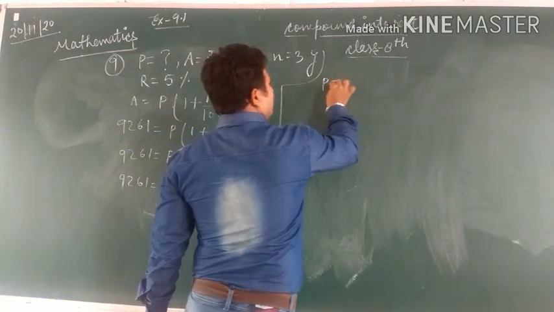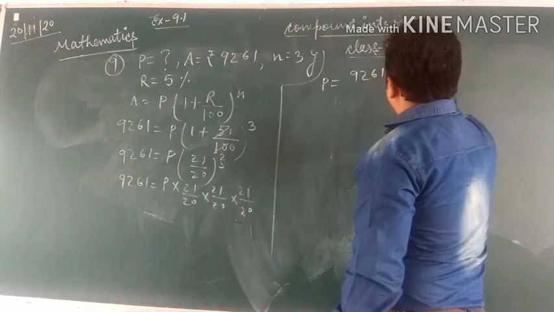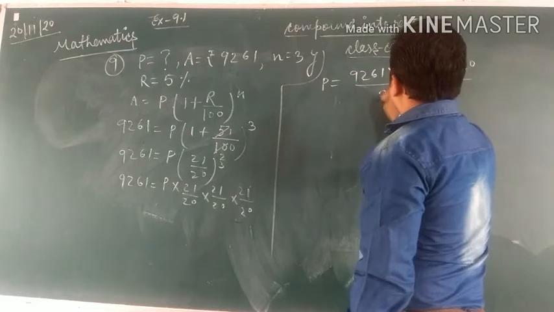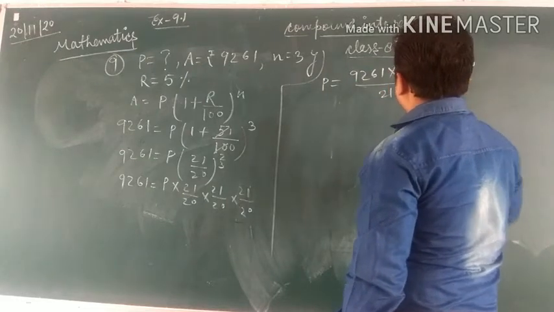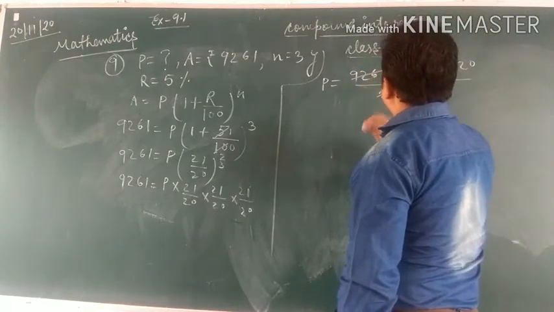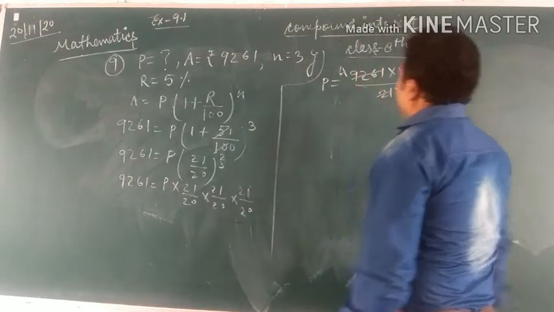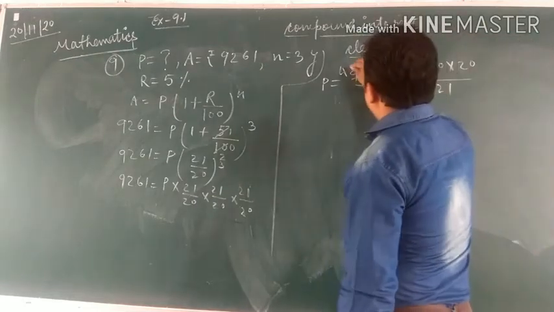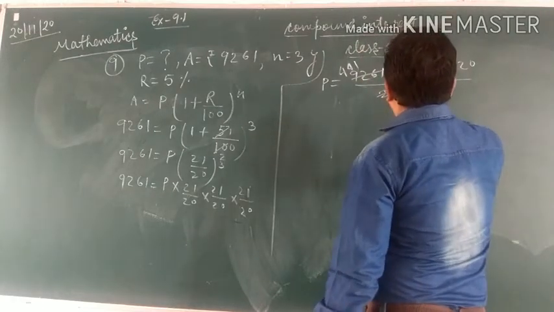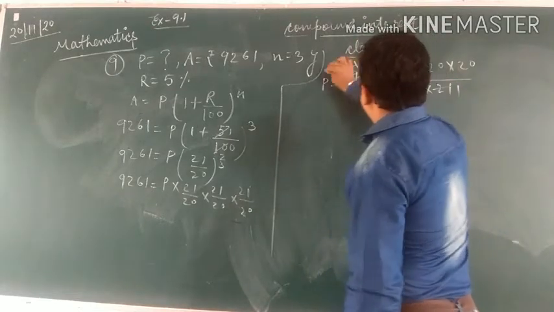So the structure will become: 9261 multiplied by 20 multiplied by 20 multiplied by 20 upon 21 multiplied by 21 multiplied by 21. 21 fours are 84, and so on.